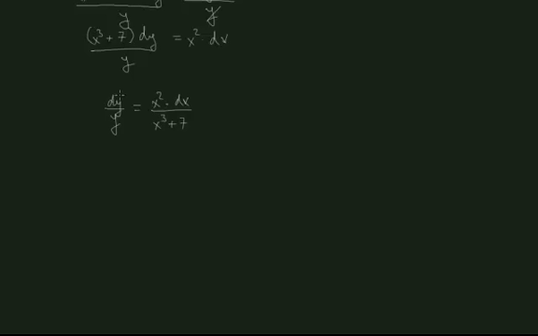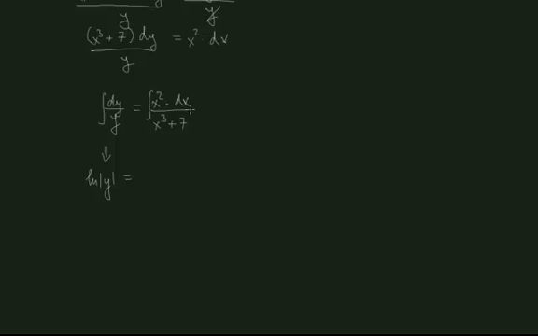Alright, so on the left hand side there is only y, and on the right hand side there is only x. So in that case I can integrate both sides, and the integral of dy over y is very easy, which is the natural logarithm of y.